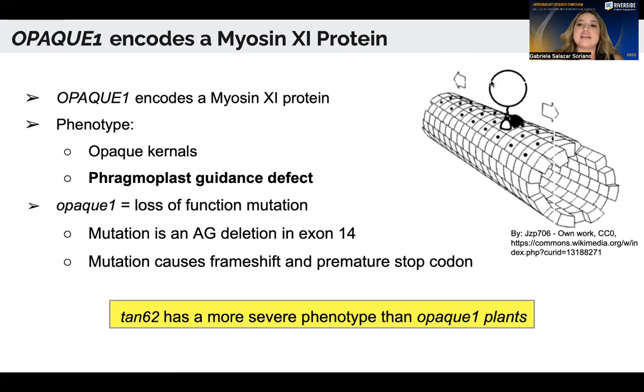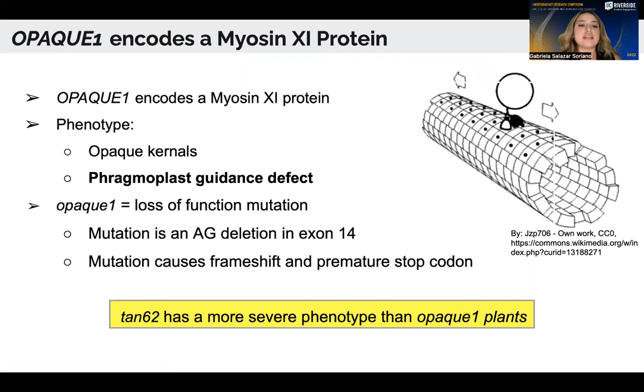And this is a representation of how myosin 11 walks along the actin filament using ATP hydrolysis. And so it is known that opaque 1 has, again, the opaque kernel phenotype and the phragmoplast guidance defect. And it's a loss of function mutation.